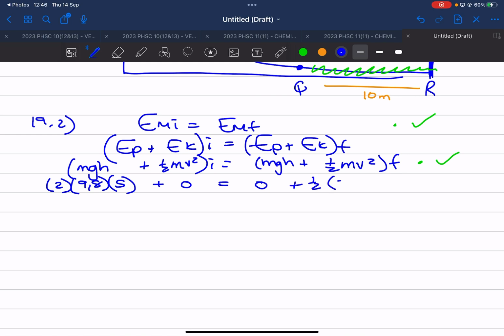The mass is 2, and we want the final velocity squared. Kry julle ook 9,9? Meters per second.